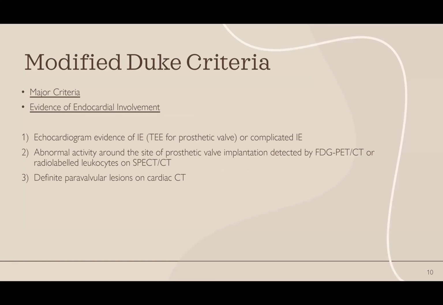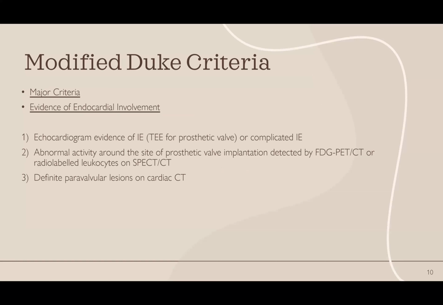In terms of evidence of endocardial involvement, you need echocardiogram evidence of infective endocarditis, either transesophageal for prosthetic valve or a transthoracic echocardiogram. And the echo findings are defined by an oscillating intracardiac mass on valve or supporting structures in the path of regurgitant jets, or also on an implanted material in the absence of an alternate anatomic explanation.